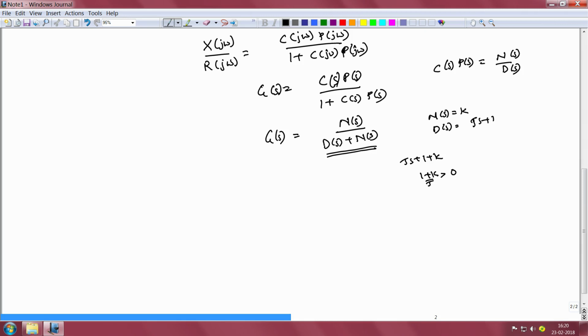So it is possible even by just visual inspection to determine whether a first order closed loop system would be stable or unstable. For a second order closed loop system, it is not that straightforward.